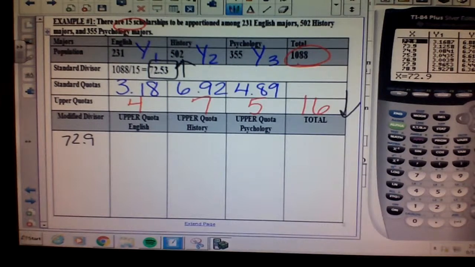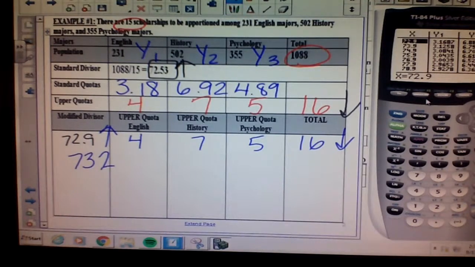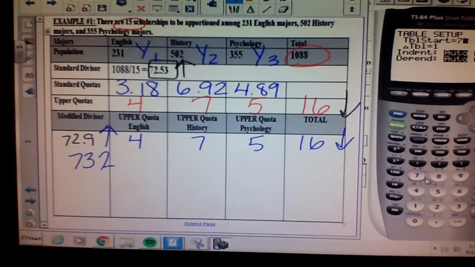And guess what? That's going to give me 4, 7, 5. We still need to go down, which means this needs to go up. 73.2.